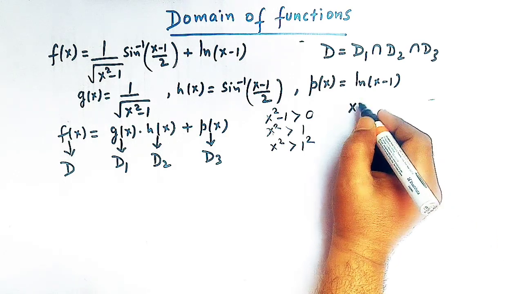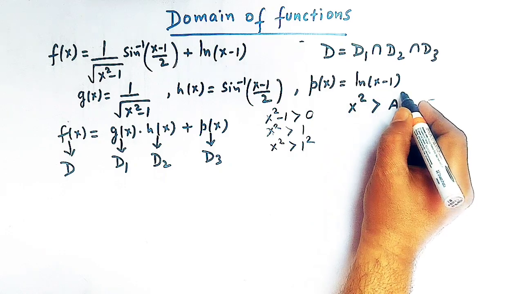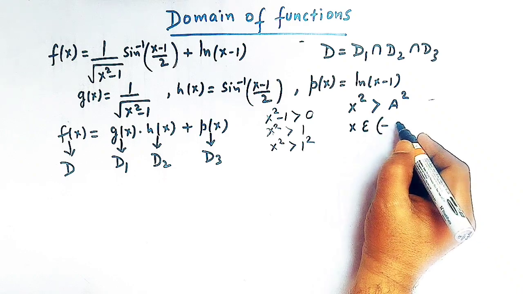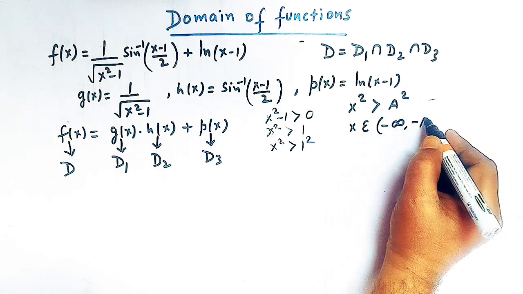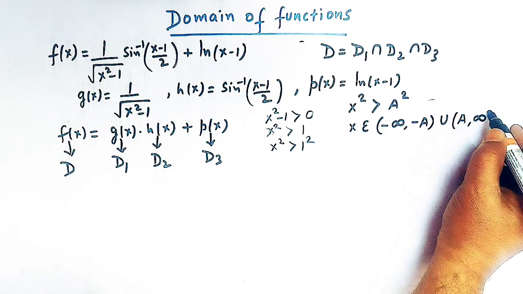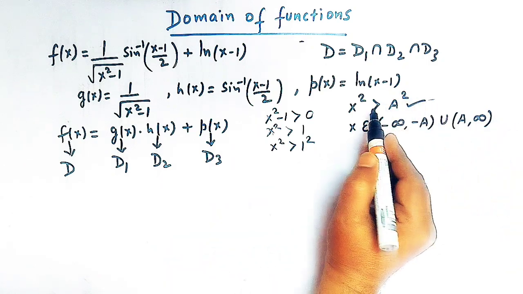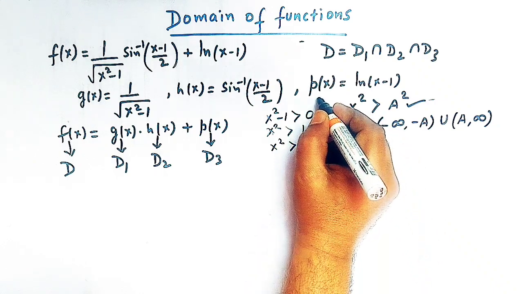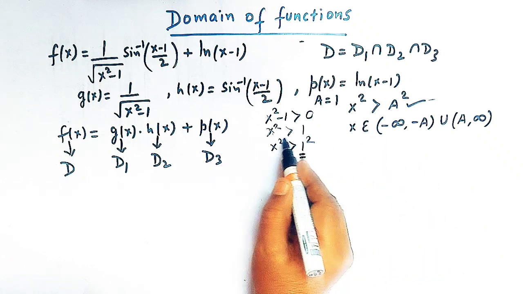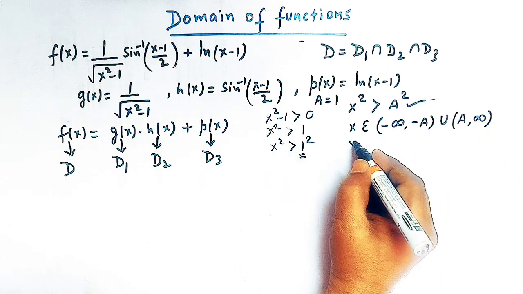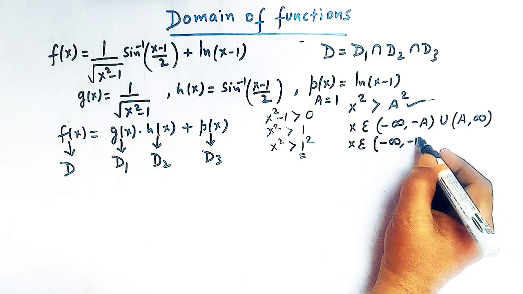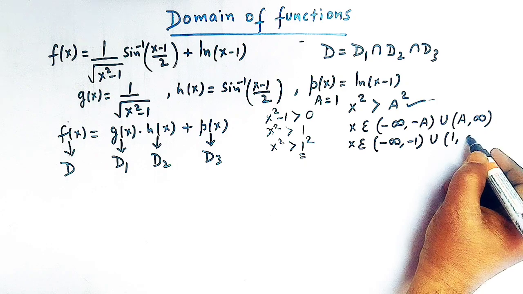If we have say x square greater than a square, then the value of x belongs to this interval, that is minus infinity to minus a union plus a to infinity, right? And if we compare this inequality with this one, then the value of a is 1, right? So the solution of this inequality is given by minus infinity to minus 1 union 1 to infinity.